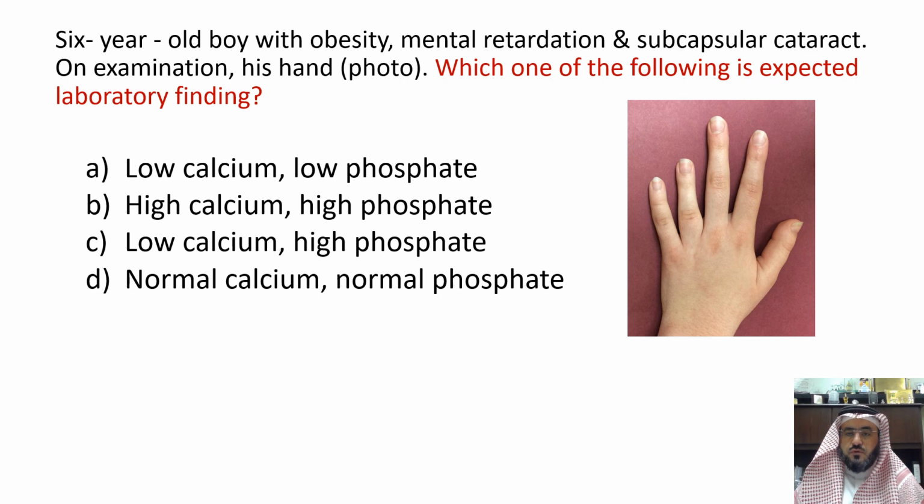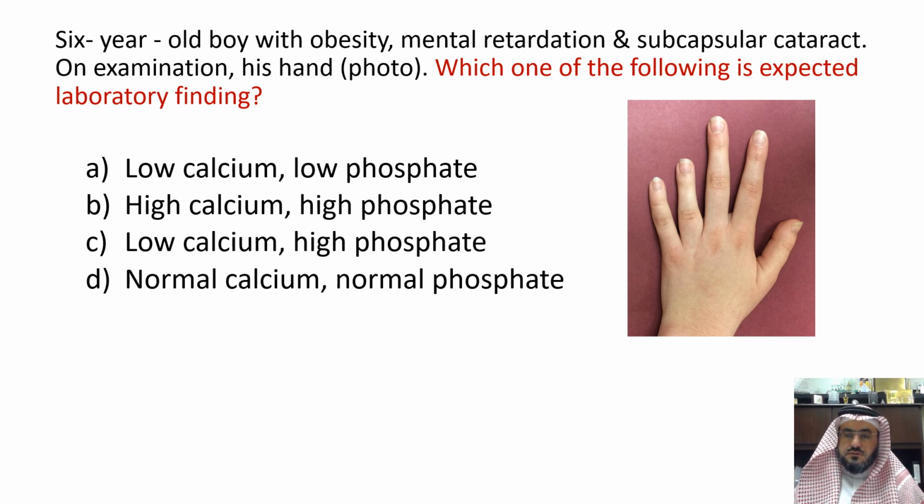Which one of the following is the expected laboratory finding? I.e., what biochemical abnormalities are found in pseudo-hypoparathyroidism? So, low calcium, low phosphate, wrong, because here parathyroid hormone is normal or elevated but does not work on the receptor.